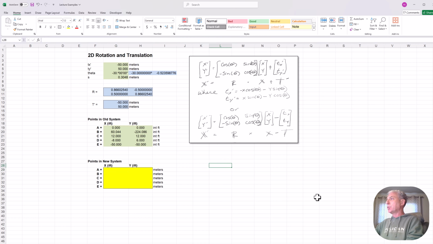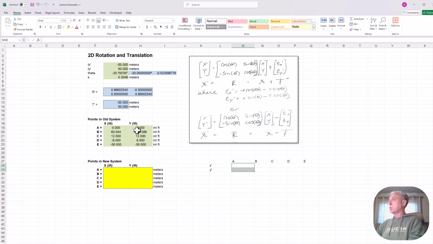In fact, I could just go x prime and y prime of A, B, C, D, and E. This is so I don't have to transpose in the beginning. But notice the points in the old system are in a row vector, so I do need to transpose those for the multiplication.